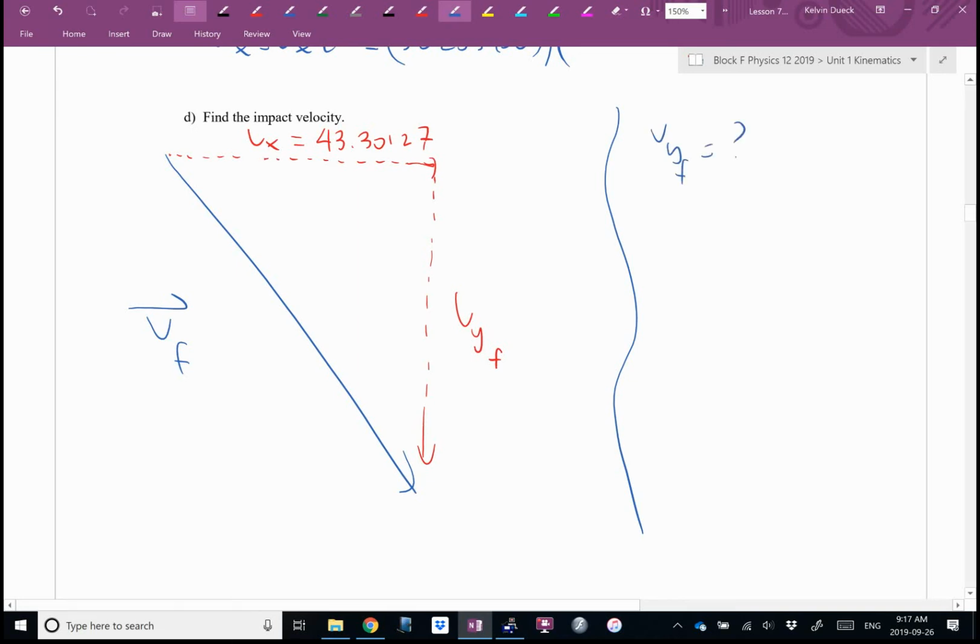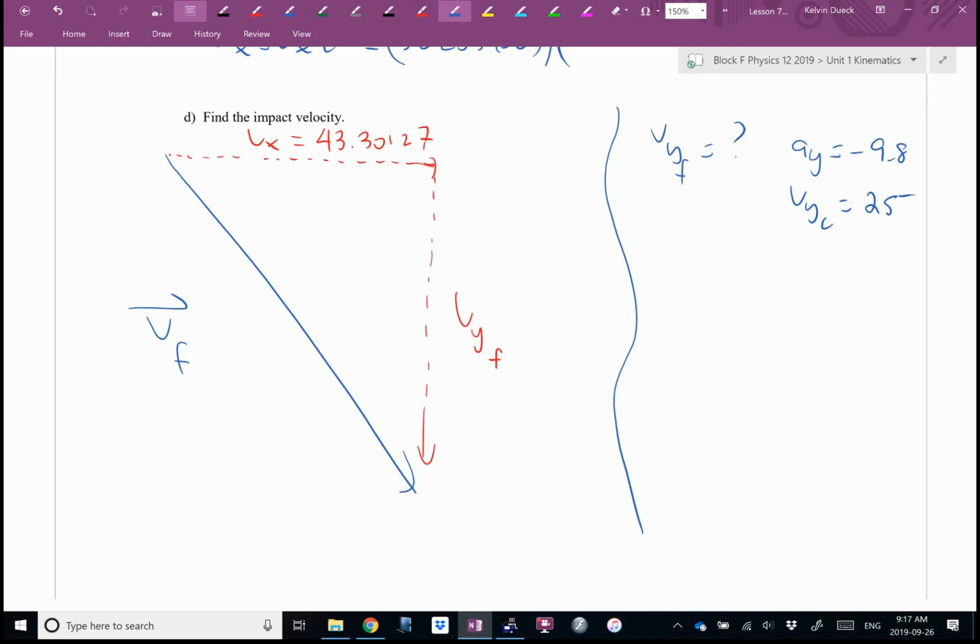Is this vertical or horizontal? Vy final. So I'm going to make a little note here, Mackenzie. You probably still have it on the page. I know Vy initial. That was 25. That's only two things. There must be a third thing that I know so I can find the fourth.